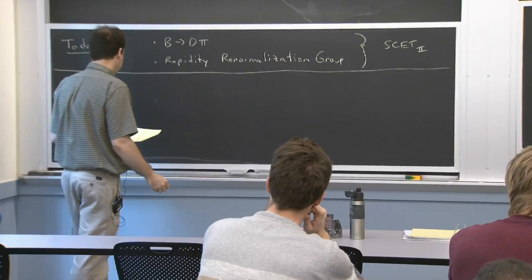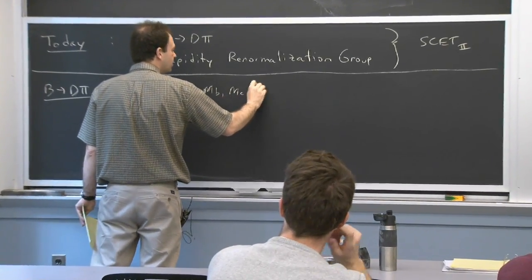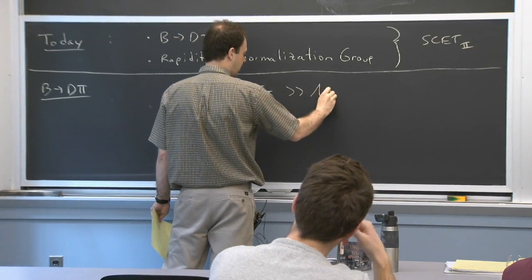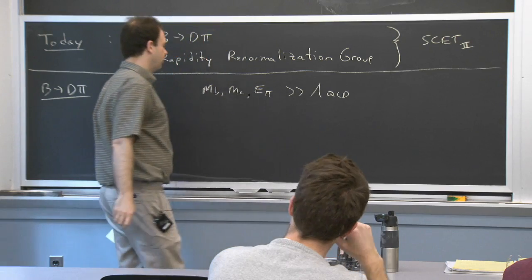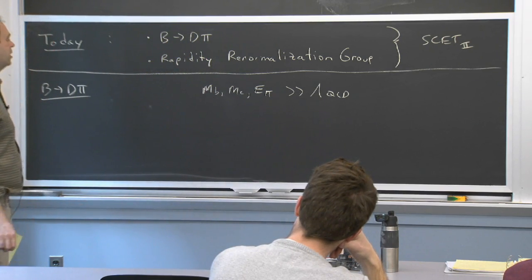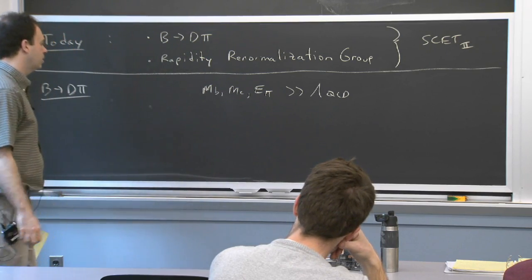B to D pi. So there's going to be, in some sense, three hard scales in this problem. The mass of the B quark and the mass of the charm quark are going to be taken to be much greater than lambda QCD. So we'll have an HQET type description of the B quark and the charm quark.